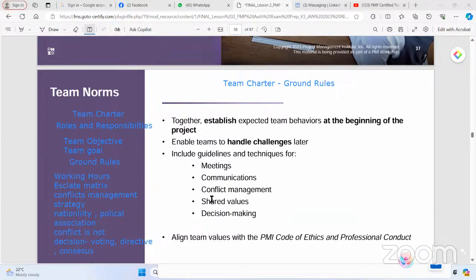So to summarize, we need to form our team charter, and the team charter will talk about the roles and responsibilities, the team objective, the team goal, and part of it will be the ground rules, where we will set up some rules like everyone will be on time during the meeting, and everyone will be prepared with the action update from the last meeting.